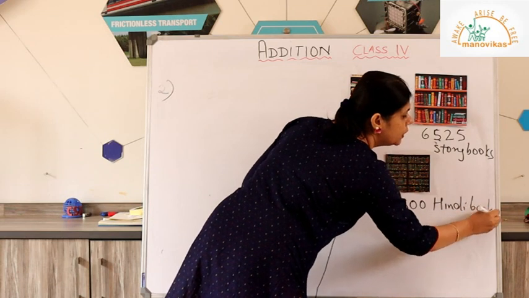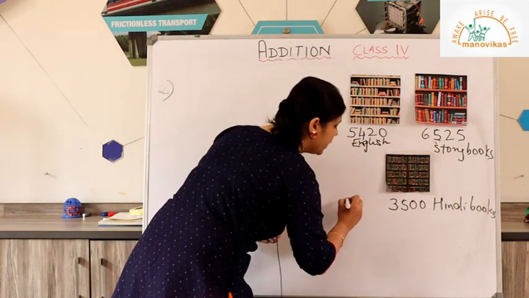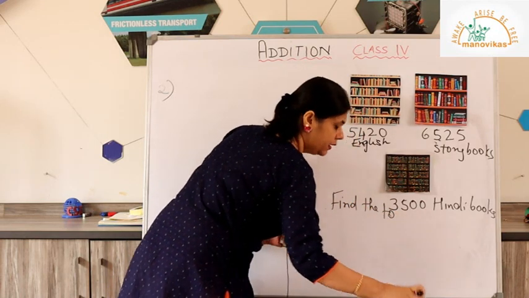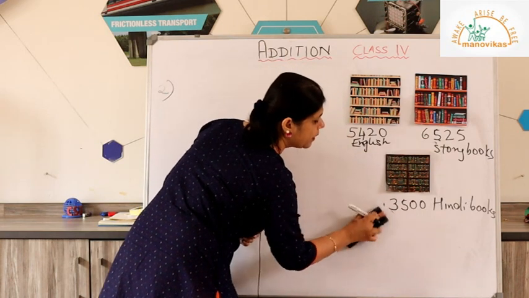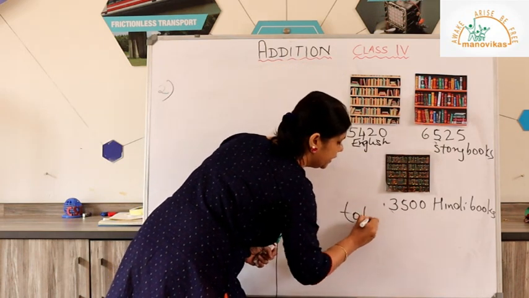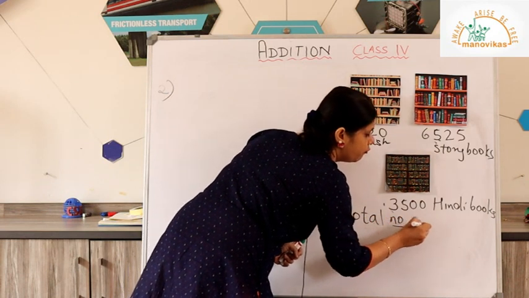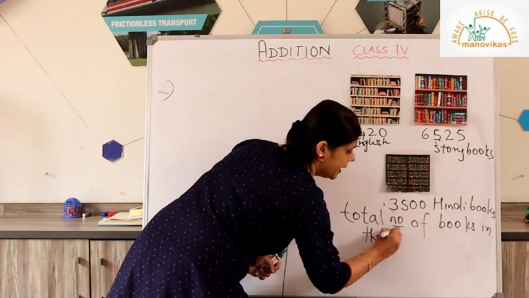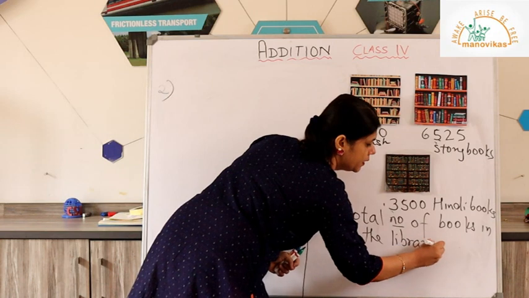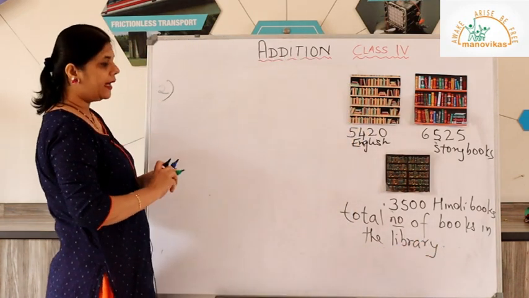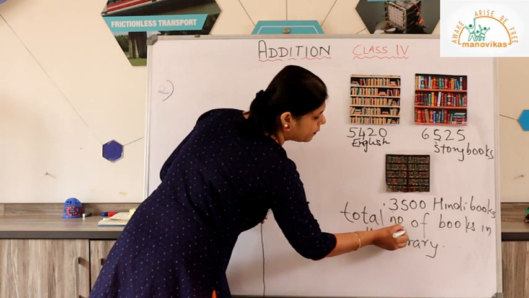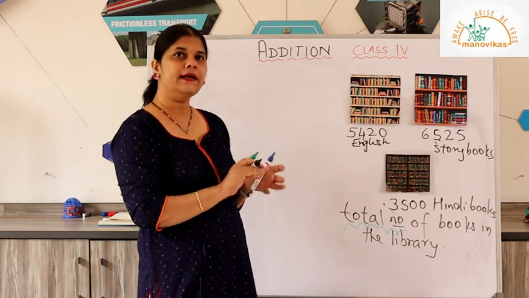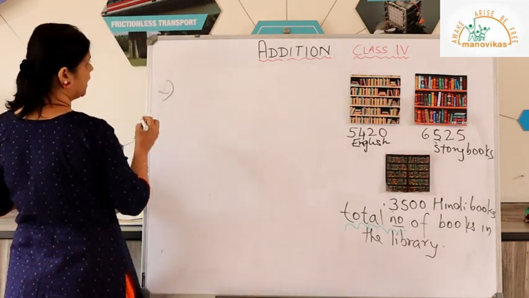Now you are told to find the total number of books in the library. Now, again, look at this word total number. When you have the total number, that means you are going to add. Clear? Now, let us frame the word statements.